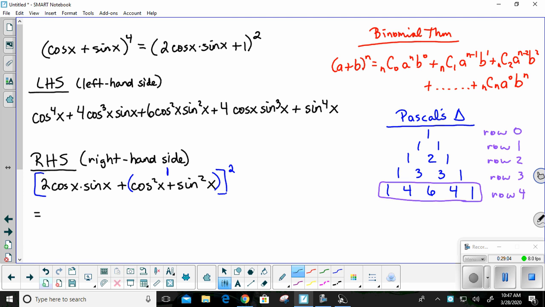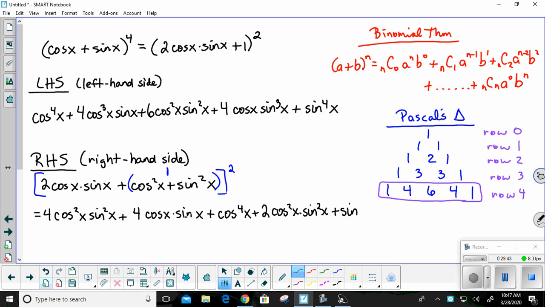We get on the right-hand side 4 cosine squared x sine squared x plus 4 cosine x sine x plus cosine to the fourth x plus 2 cosine squared x sine squared x plus sine to the fourth x.